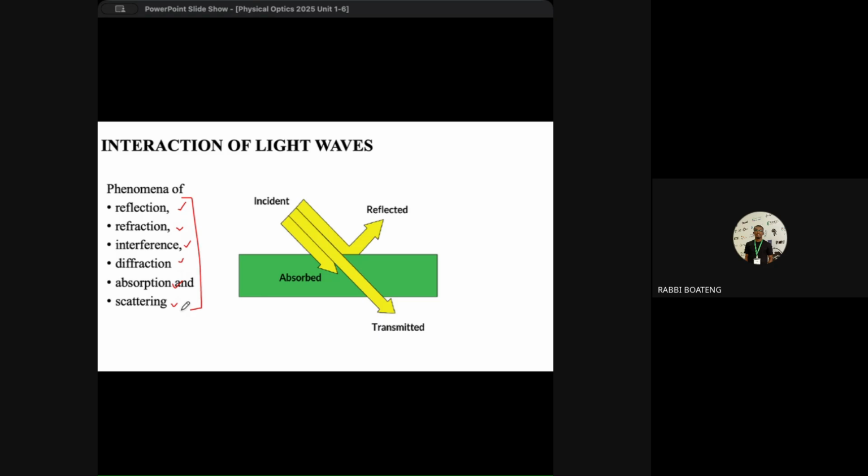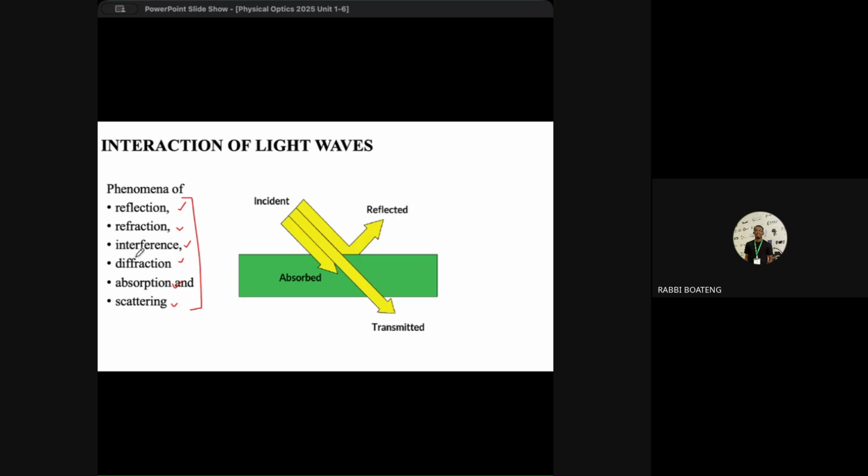Some of the ones I've listed here, we are familiar with one way or the other. We are familiar with reflection and refraction. I think interference too. We all know interference, right? If you don't know, it's fine, I'll teach. Can I get a thumbs up if you know interference? Okay, Frank knows interference.